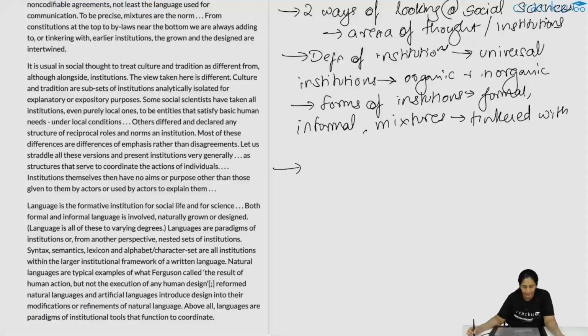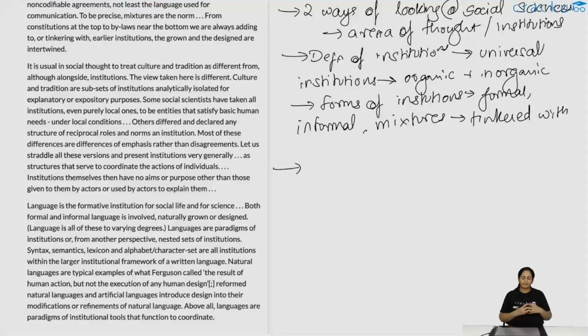Others differed and declared any structure of reciprocal roles and norms as institutions. Most of these differences are differences of emphasis rather than disagreements. Let us straddle all these versions and present institutions very generally as structures that serve to coordinate the actions of individuals. Institutions themselves have no aims or purpose other than those given to them by the actors or used by actors to explain to them.